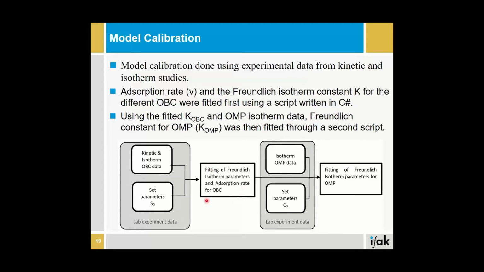Then, using the fitted OBC and isotherm data for the micropollutant, in a second script, the Freundlich constant for the micropollutants was fitted. In these two scripts, a mathematical solver was used to minimize the deviation between modeled and measured concentrations.